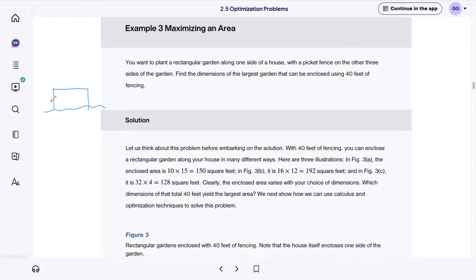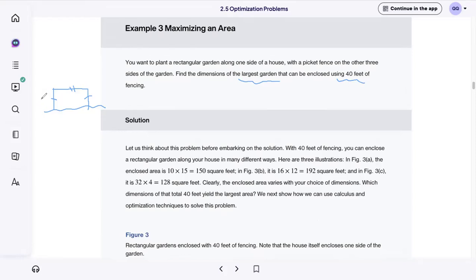So we need to have these 3 sides. Find the dimensions of the largest garden that can be enclosed using 40 feet of fencing. What does it mean? That means this side plus this side plus this side is 40 feet.